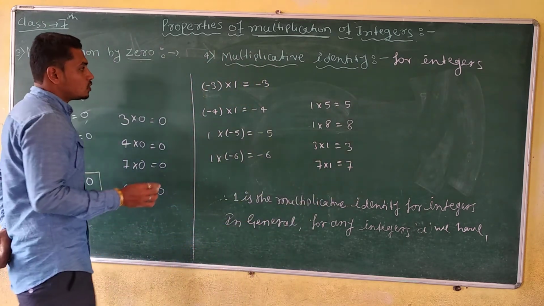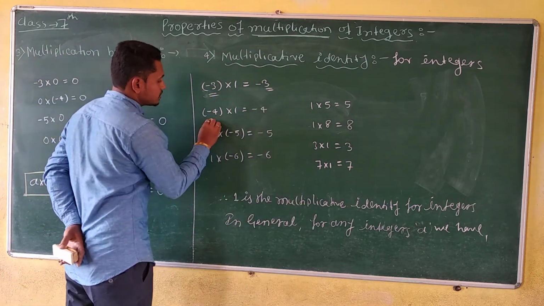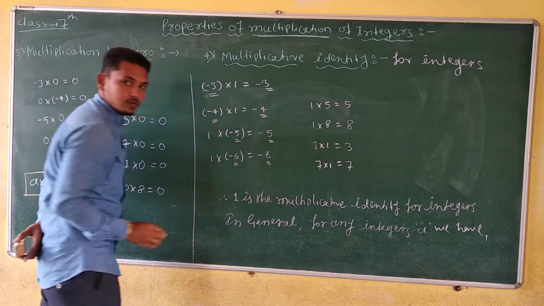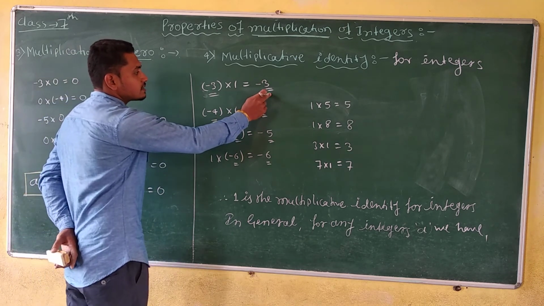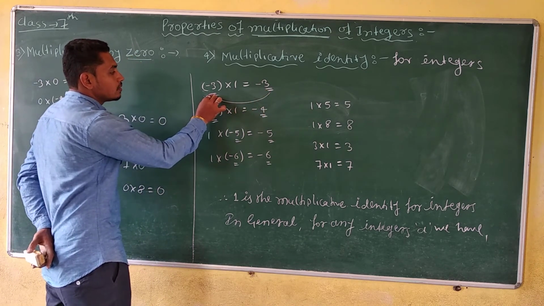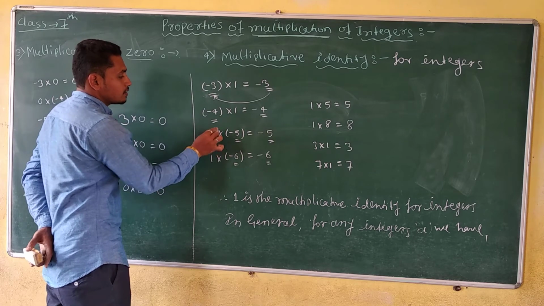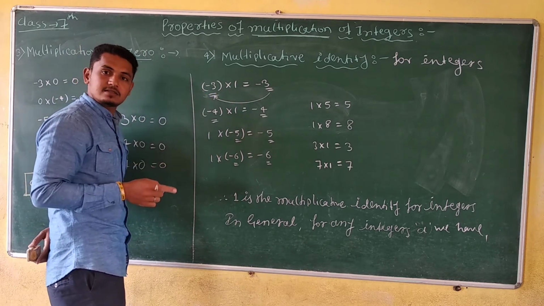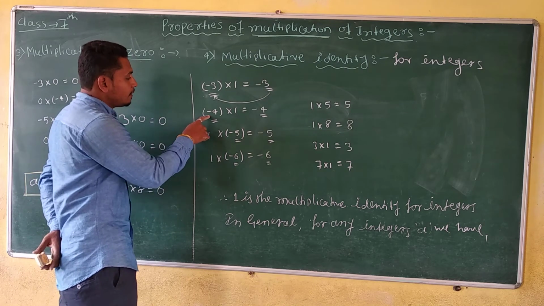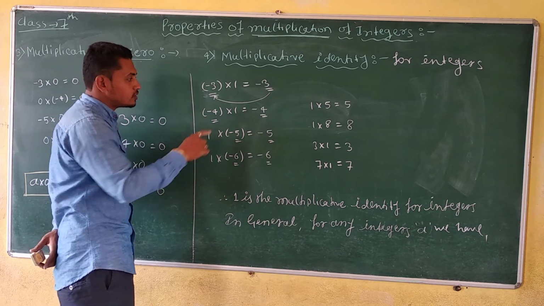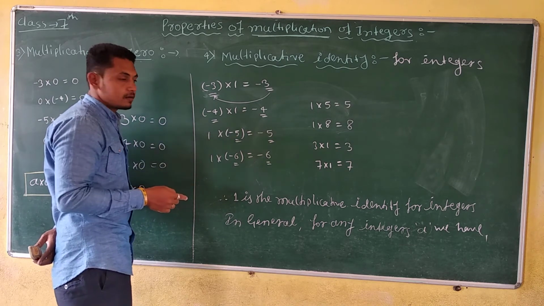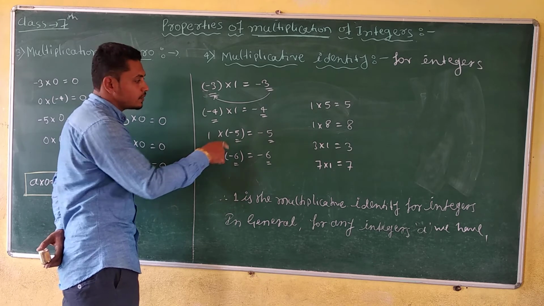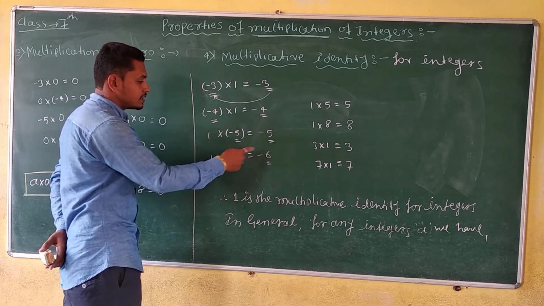So observe these two numbers, your answer is the previous number. Minus 3 into 1 gives minus 3 also. Next, minus 4 into 1 gives minus 4. Next, 1 into minus 5 gives minus 5. 1 into minus 6 gives minus 6.